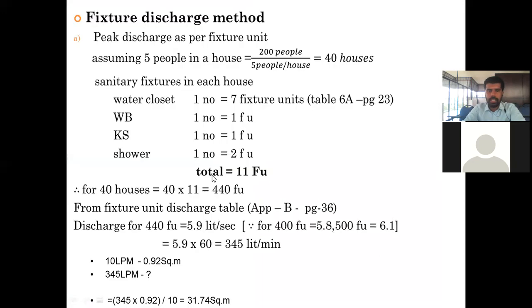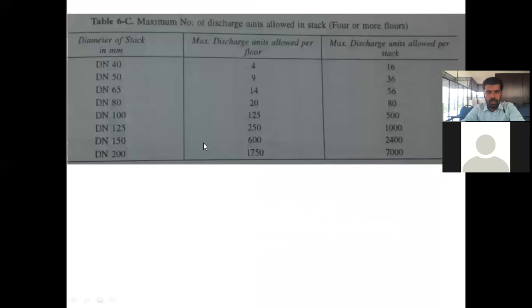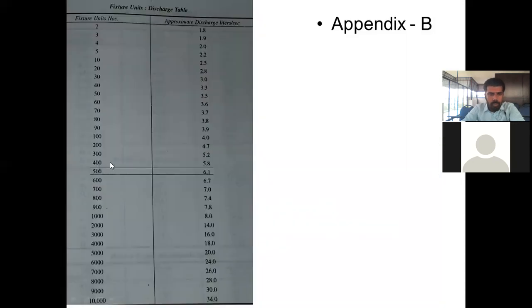So what is the discharge that we got? 440. We need to know the discharge for 440. Let's see whether 440 is there. No, for 400 it is 5.8 and for 500 it is 6.1.